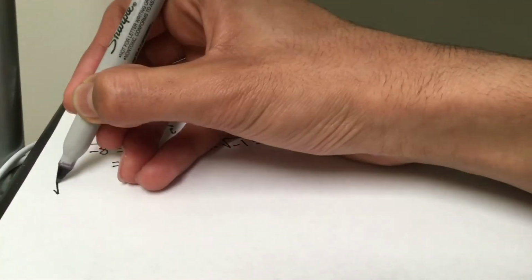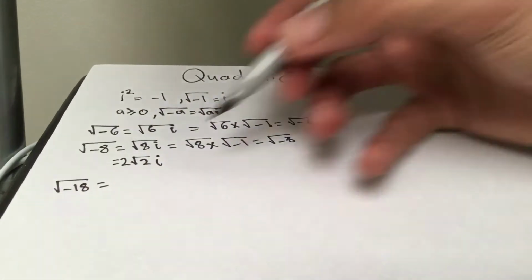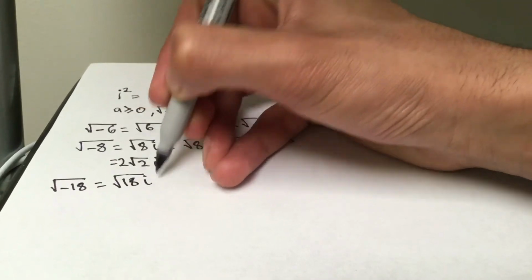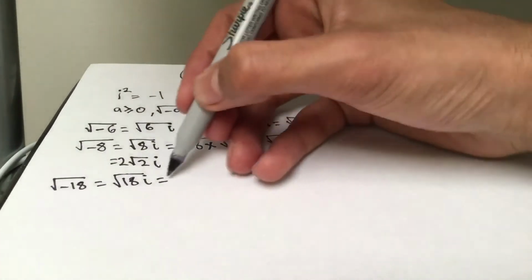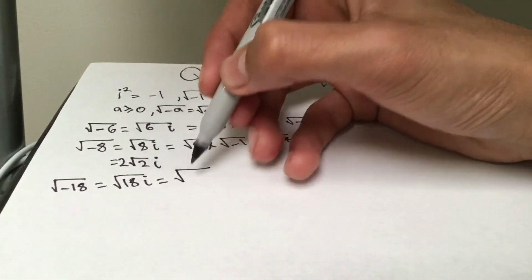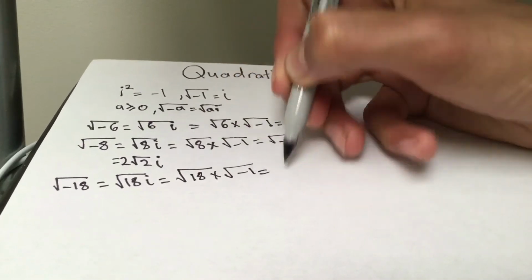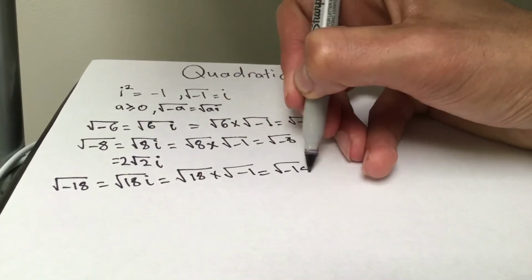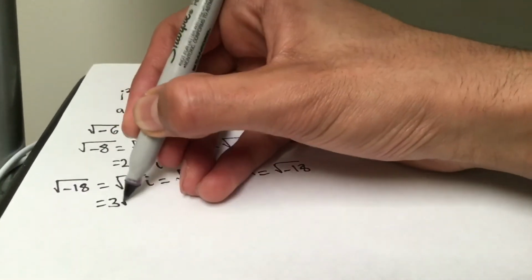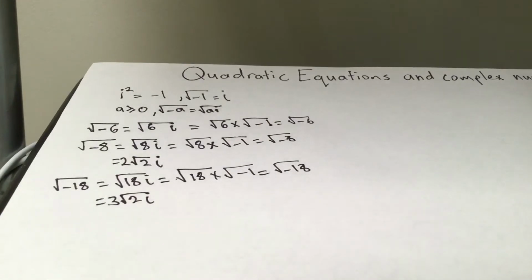Now let's do the square root of -18. Applying the formula, square root 18 i is our answer, because you do the square root of 18 times the square root of -1, which gives us the square root of -18. Or you can write it as 3 square root 2 i.